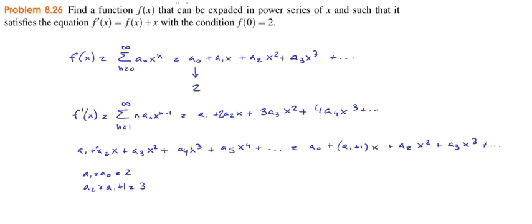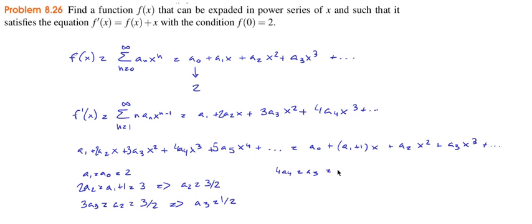So then we have 2a2 equal to 3, so that means that a2 is 3 halves. Then we have 3a3 is equal to a2, which is 3 halves, which implies that a3 has to be 1 half. Then we have 4a4 has to be equal to a3, which is 1 half, so a4 is 1/8.